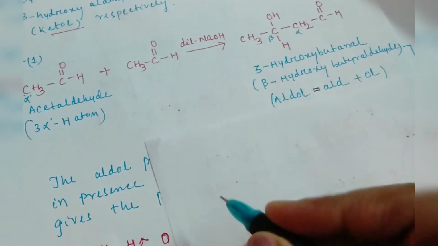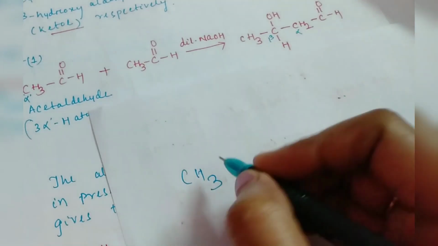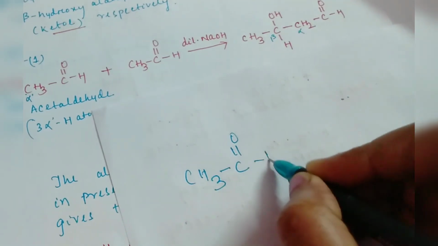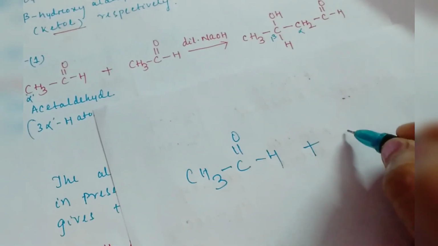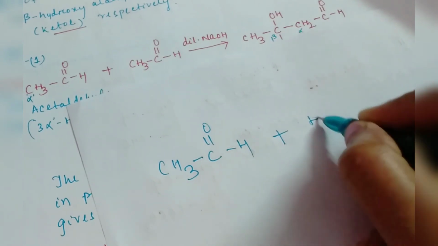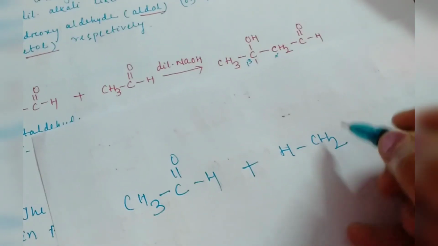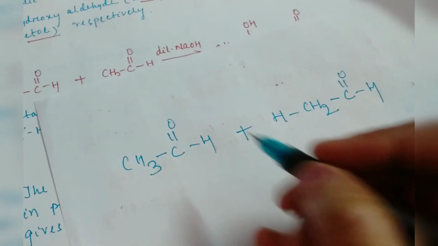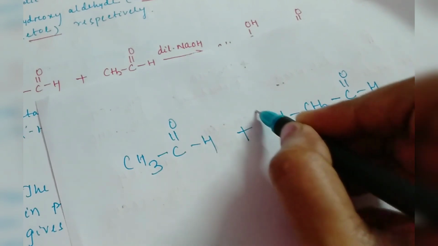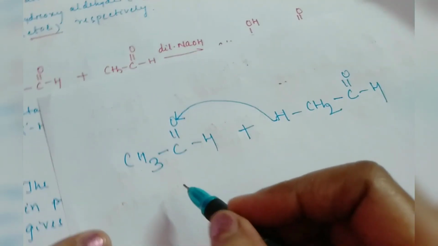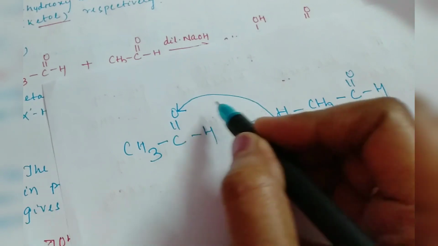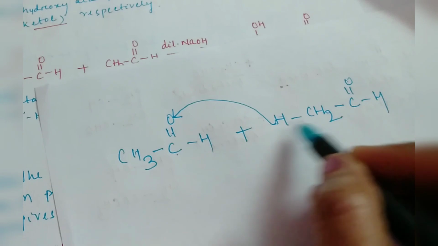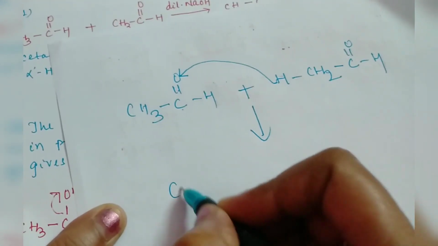If I write CH3 C double bond O H here, and another molecule of CH2 H, C double bond O H. Here you just take one hydrogen and attach it to this position. Now this double bond is converted into a single bond because one hydrogen is attached here, and to this carbon will be attached. So what will be your product?